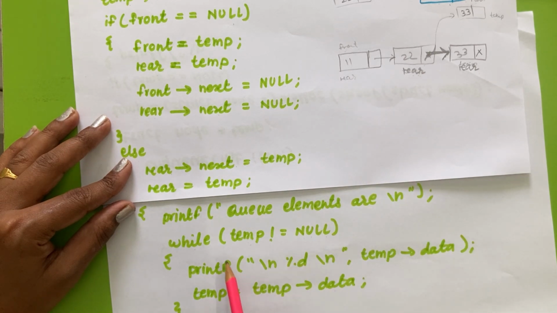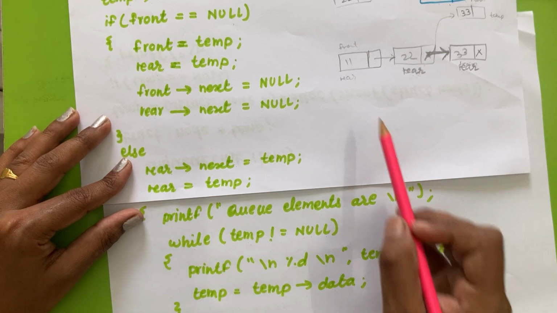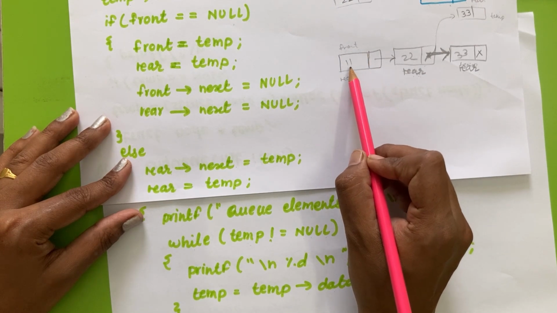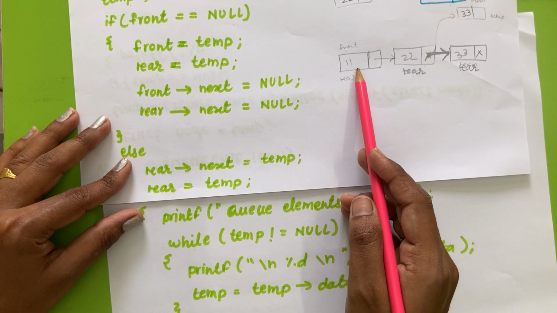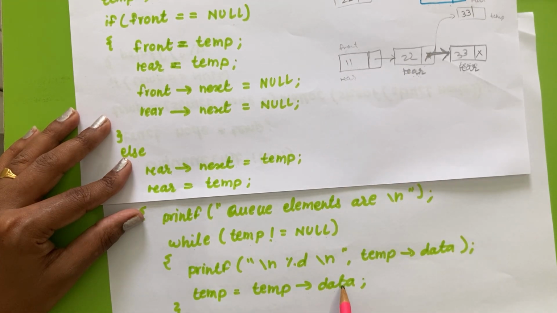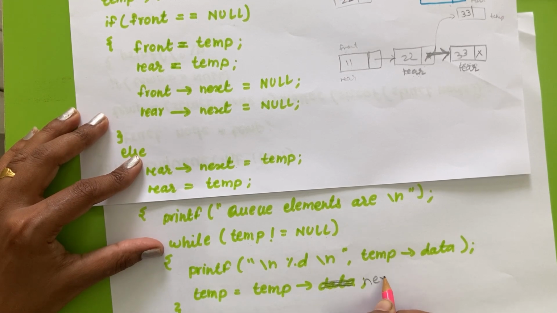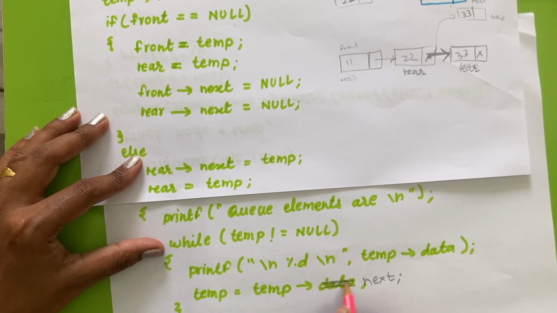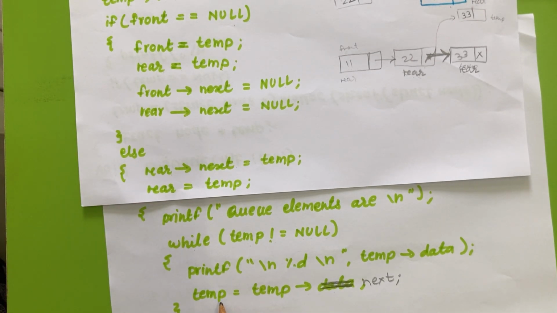So it moves inside the loop and prints temp->data, which is 11. So 11 gets printed on the screen, and again temp will be updated to temp->next, sorry, instead of this I have to write temp->next. Temp is updated with the help of temp->next, not temp->data.